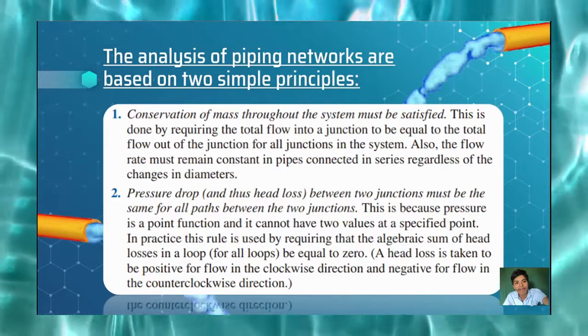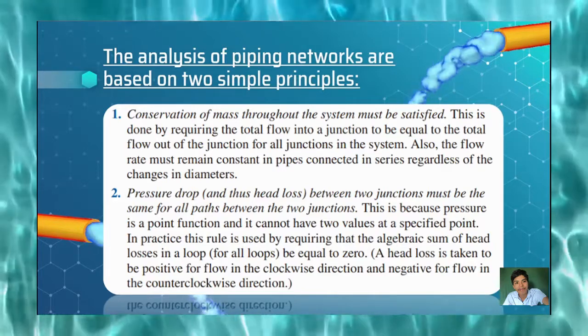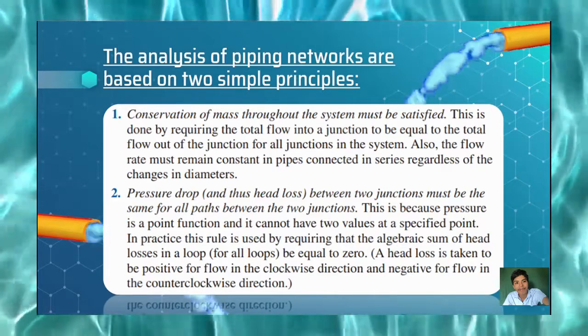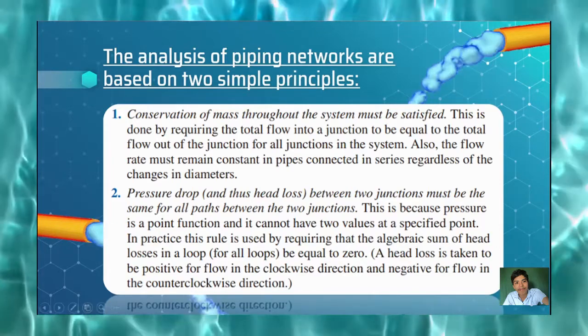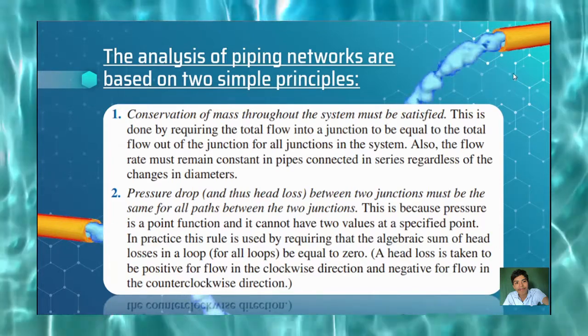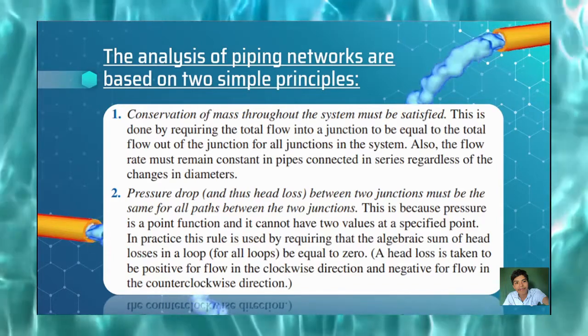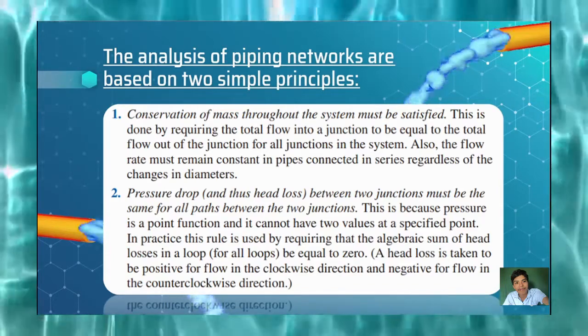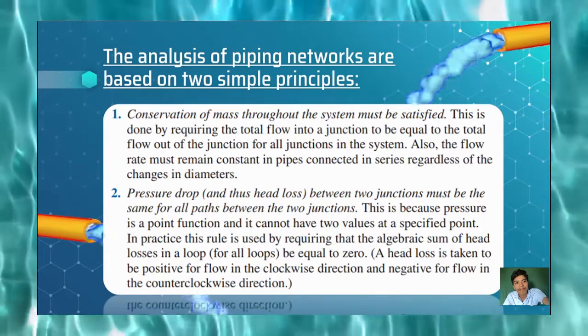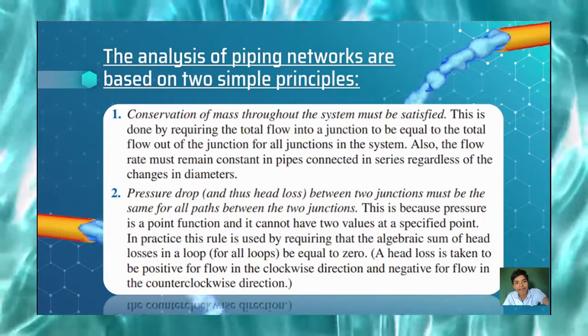The second is that pressure drop, and thus head loss, between two junctions must be the same for all paths between the two junctions. This is because pressure is a point function and it cannot have two values at a specific point. In practice, this rule is used by requiring that the algebraic sum of the head losses in a loop be equal to 0.